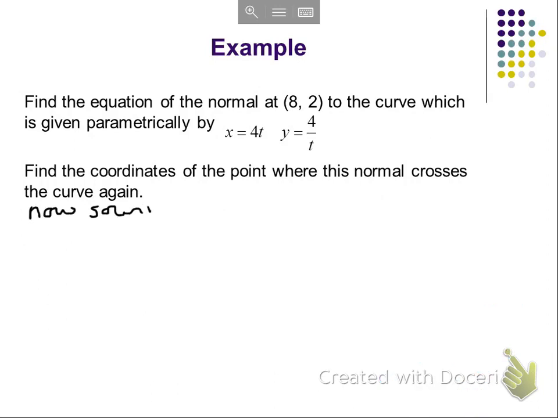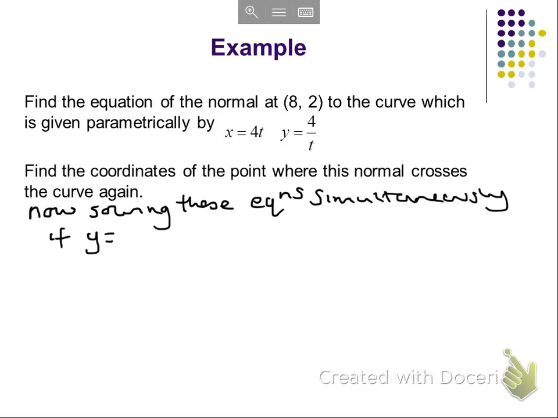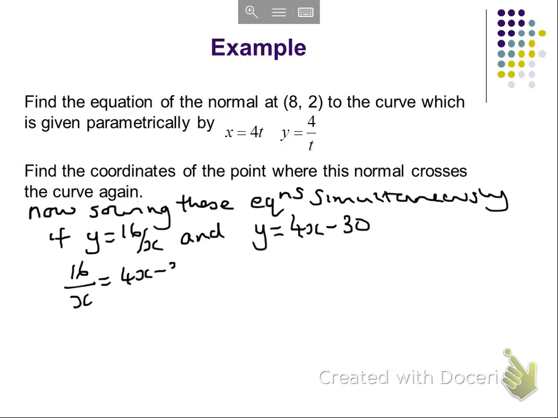Now we're going to solve these equations simultaneously, and this will give us the coordinates of the points of intersection, so where the normal intersects the curve. So if y equals 16 over x and y also equals 4x minus 30, we can say that 16 over x equals 4x minus 30, and we're going to rearrange this to give us 16 equals 4x squared minus 30x.